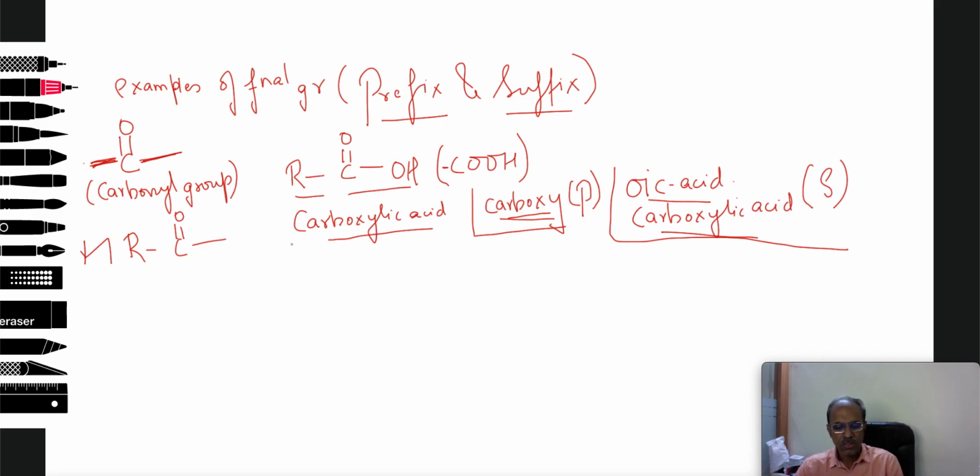Now coming to similarly R, C, double bond O. Here it was OH.